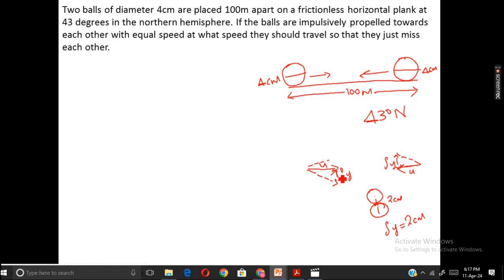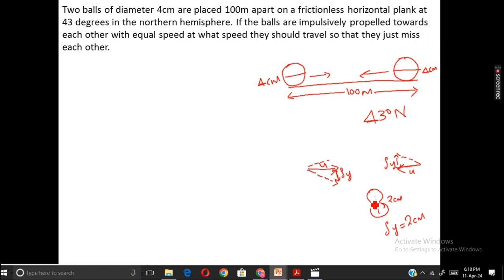In one case the deviation will be towards the southern part, and in the other towards the northern part. The deviation created by the Coriolis force will be towards the right of the direction of motion in the northern hemisphere and towards the left in the southern hemisphere. Since this is happening in the northern hemisphere, this will be the direction of the deviation.